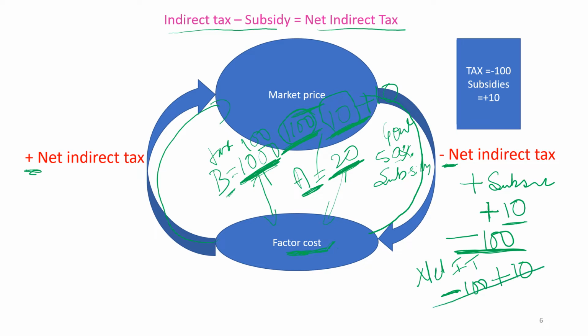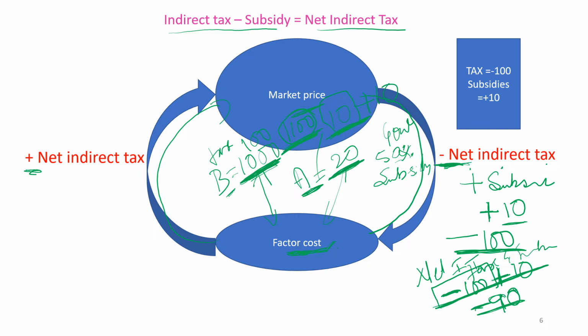Now if we take the difference between these two, then you are going to get minus 90. Why is it minus 90? The greater value has a negative sign, and the smaller value has a positive sign. So it becomes minus 90. Because of this, we have to deduct net indirect tax. I took the difference between tax and subsidy. Clear, Makla? Because of that reason, we need to deduct.